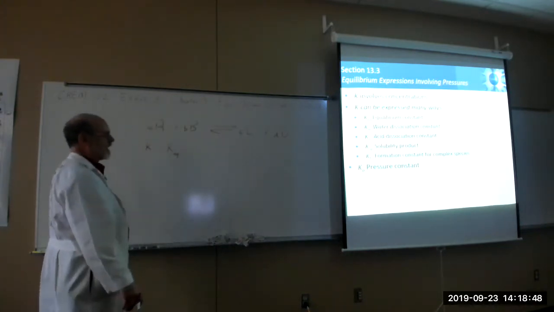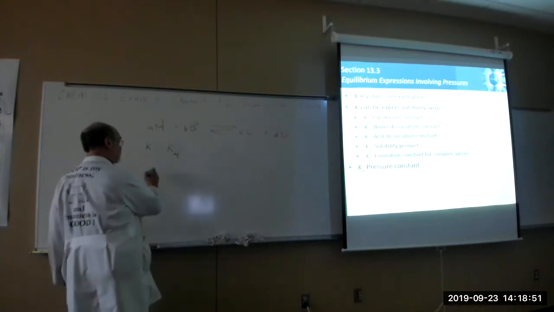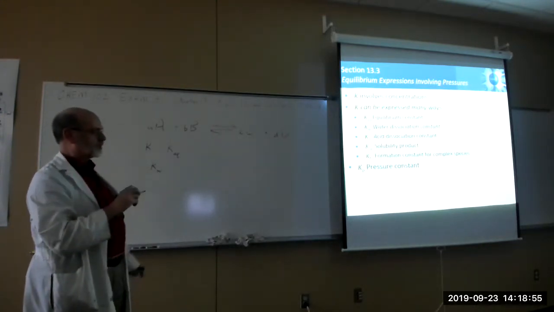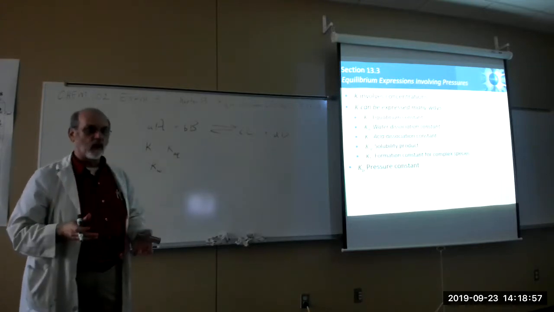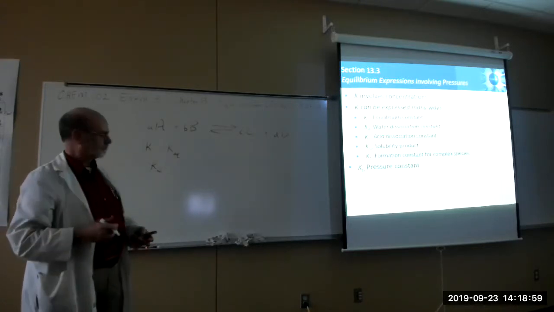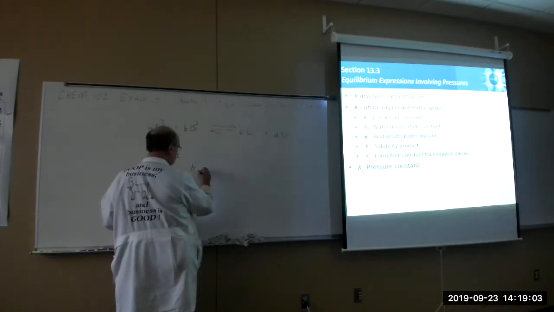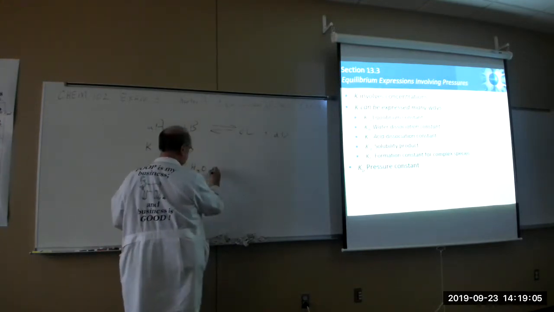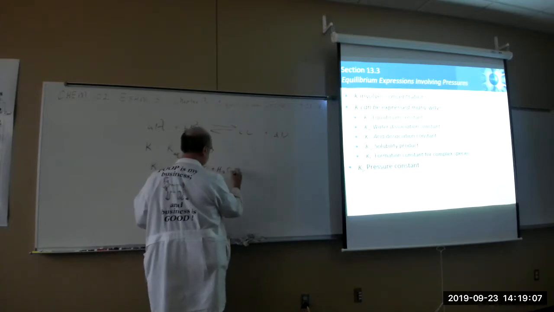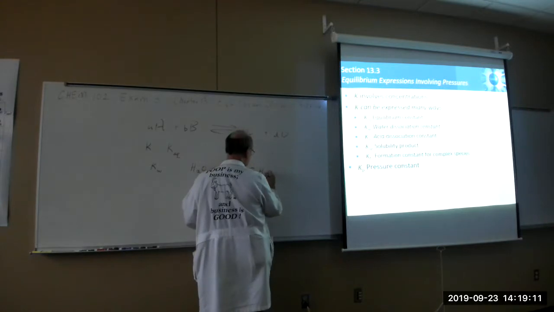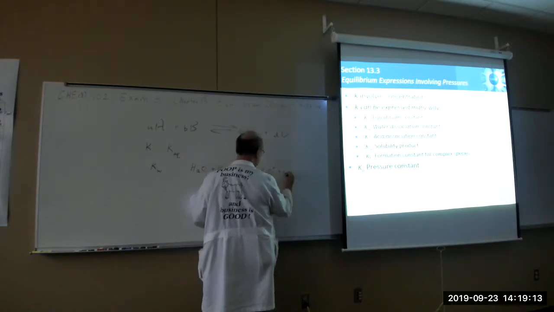If we're talking about this one special one, KW is the equilibrium dissociation constant for water. So in solution, water will do one of these things. It will react with itself and produce the hydronium ion plus the hydroxyl ion.